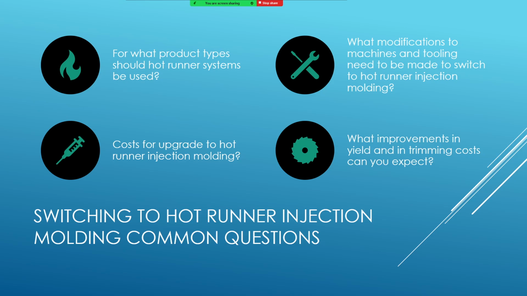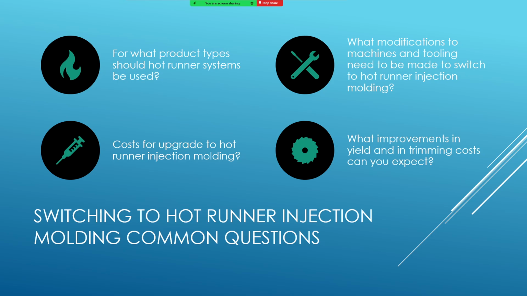You need to add manifolds and nozzles to make the machine capable of using hot runner injection molding. Most of the time, you would need to create custom plates, which could add to the cost of the machine, as buying a custom-made plate would require someone to use CAD software and design the plate themselves, which might be a little expensive.